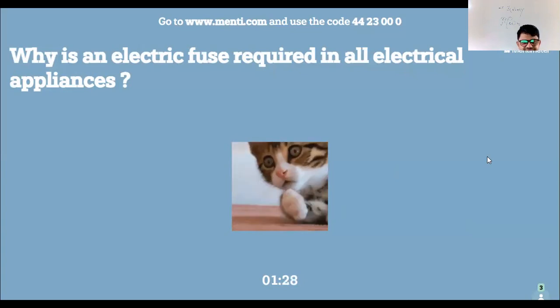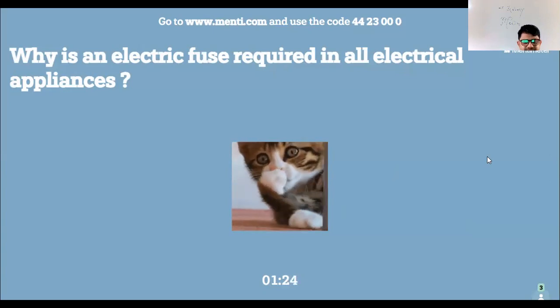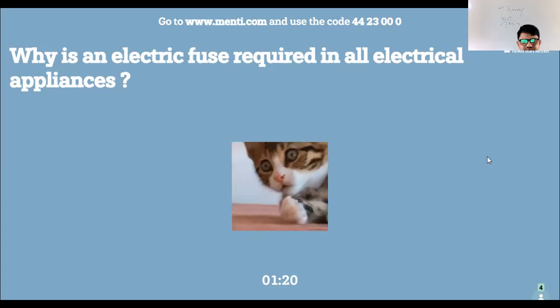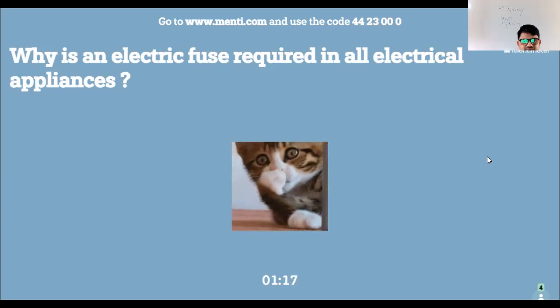Ninety seconds left. Why is an electric fuse required in all electrical appliances?